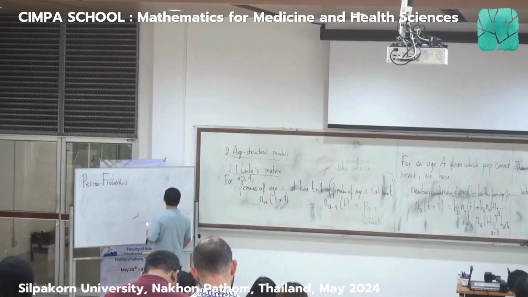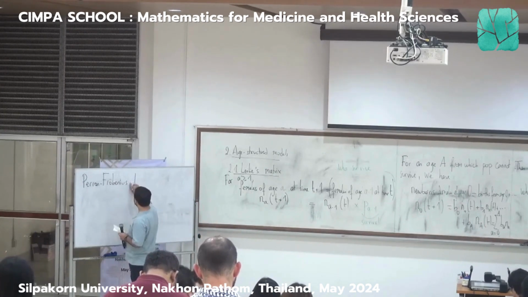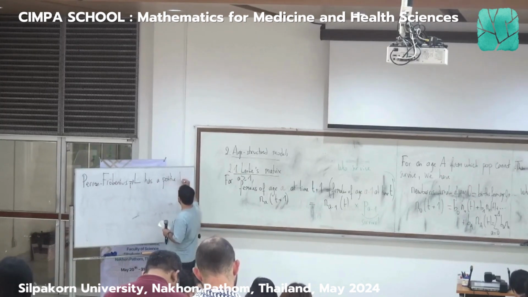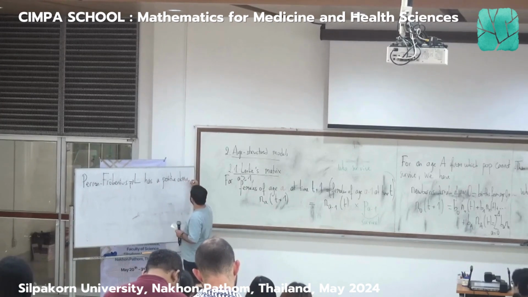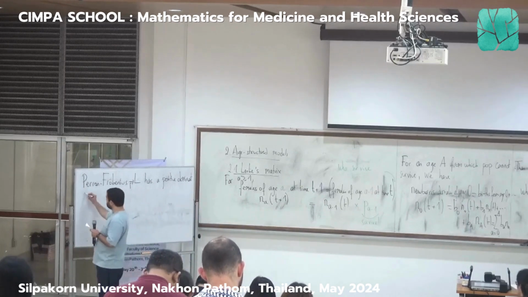What does the Perron-Frobenius theorem say? It says that this matrix, the matrix L, has a positive dominant eigenvalue.